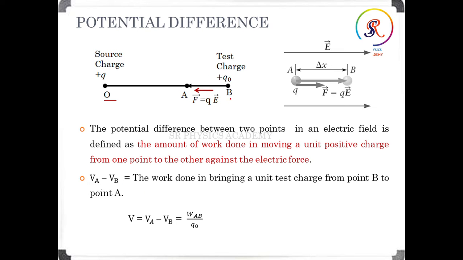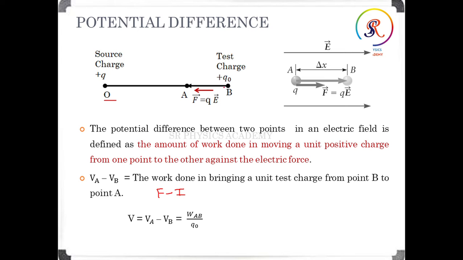Here the starting point is B, that means V_B, the initial point, and this is the final point. We know that when we calculate a difference, it is final minus initial value. The same applies here.